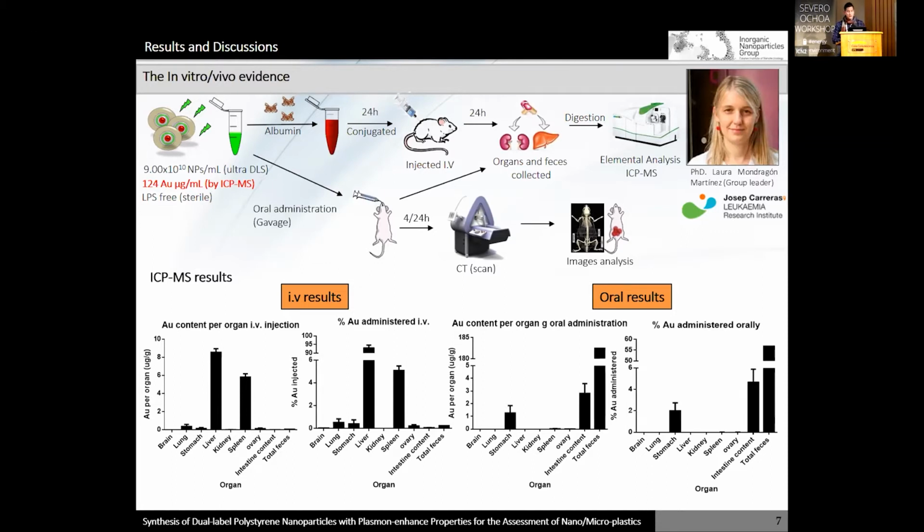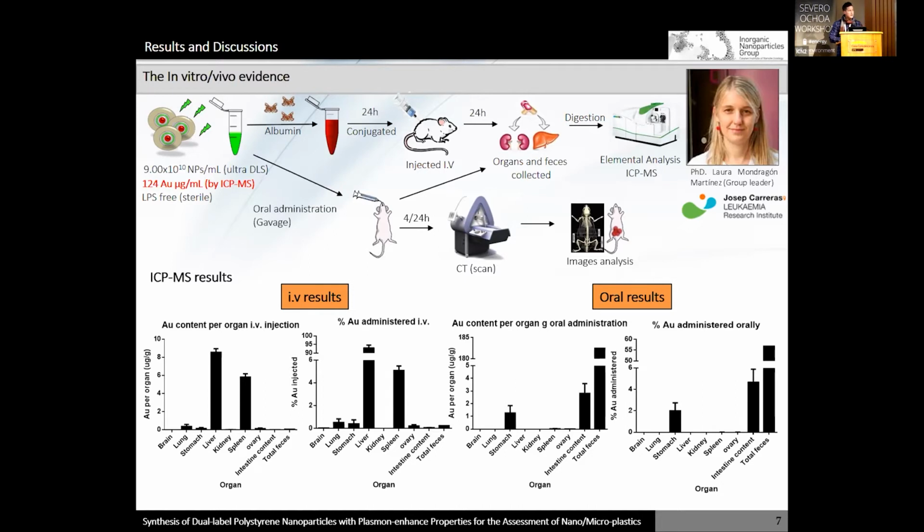We see that with oral administration, the gold nanoparticles were located in the stomach and in the intestine, but the pathway they followed basically was secretion through the feces. And trying to see if we recover all the gold administered, we see that 2% was in the stomach, but this is after about 24 hours, obviously. We also found some in the intestines, but the majority of the gold was in the total feces, so it was expelled.